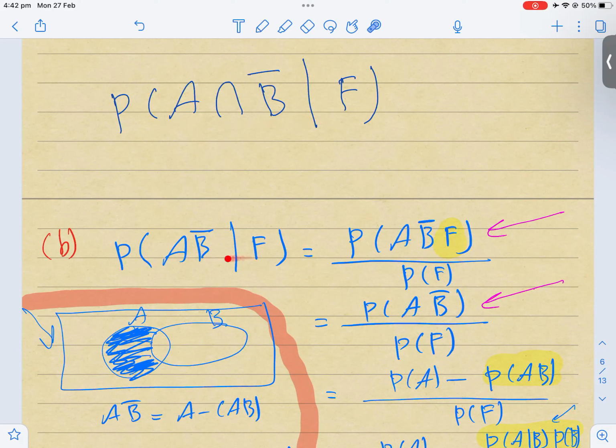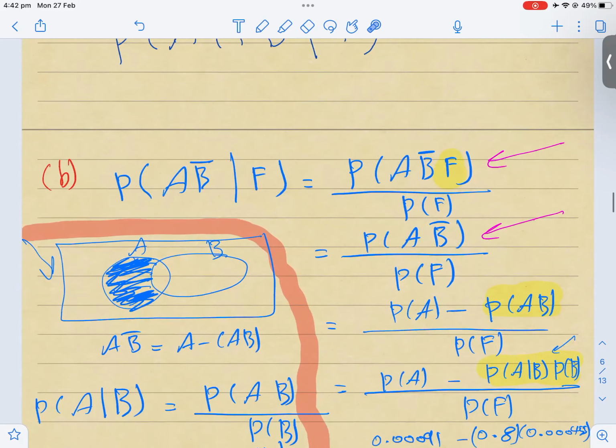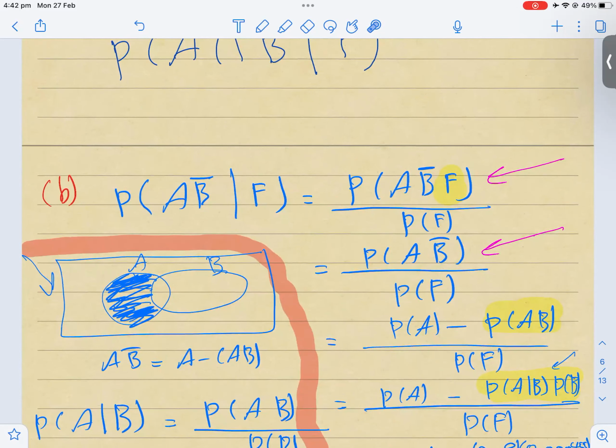So this is equal to probability of A, this part, intersection with F, so A B bar intersection with F, divided by probability of F. Only the definition of the conditional probability. So here it is equal to probability of A B bar divided by probability of F.